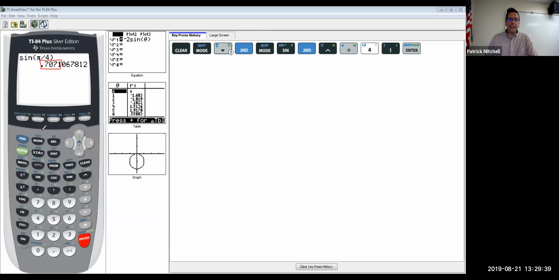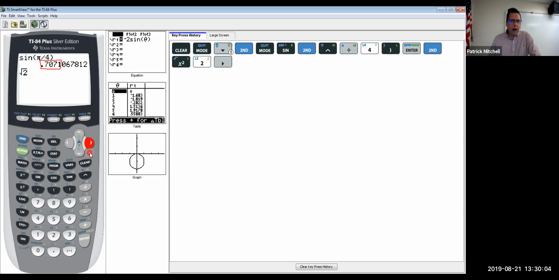Since we know that the exact value of sine pi over 4 is square root of 2 over 2, let me ask my calculator, what is the square root of 2 over 2? They should come out to be the same. So I'm going to go second x squared. That's how you get the square root button. And I'm going to put a 2 there. Now I have to back out of this square root.